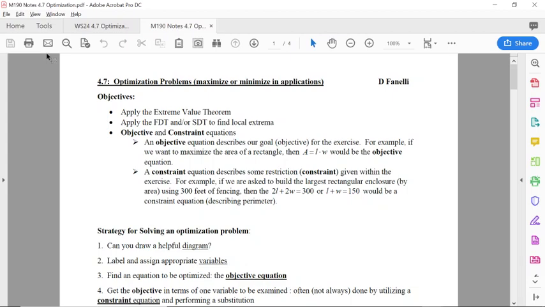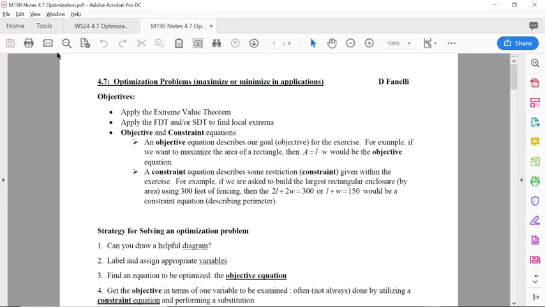The equation we construct, which relates the input values to the output value which we are trying to optimize, that equation we're going to call the objective equation.